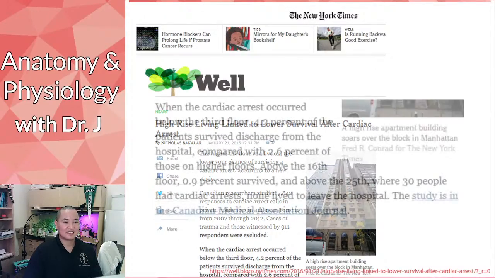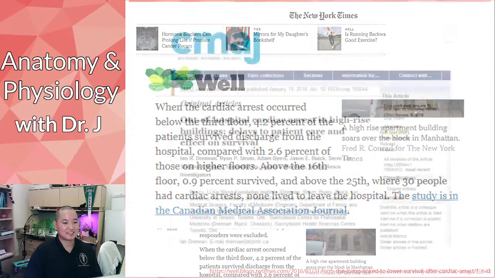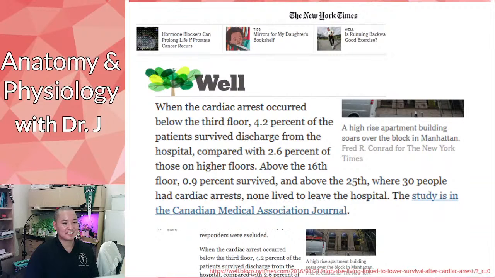They did the statistics, and 4.2% survived to hospital discharge. So it's already below the third floor, pretty slim chances you'll live. But 2.6% above the 16th floor, and above the 25th floor, where 30 people had cardiac arrest, none of them survived.